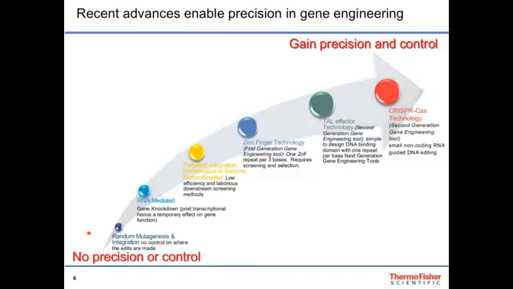We would screen lots and lots of colonies to try to identify cells that had the best expression of our gene. We were at the mercy of the cell as to where these things integrated. We did not have an understanding of how the genome would respond. Oftentimes, the gene expression would silence after time. So we had no control, really, no precision of where these things integrated.